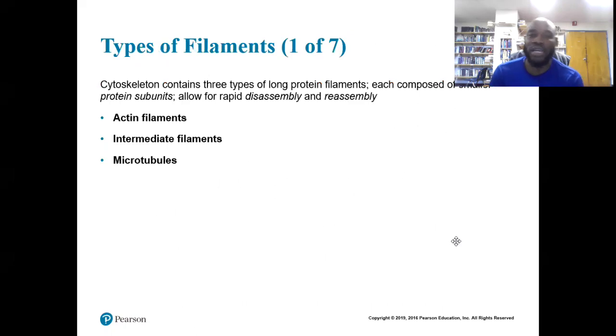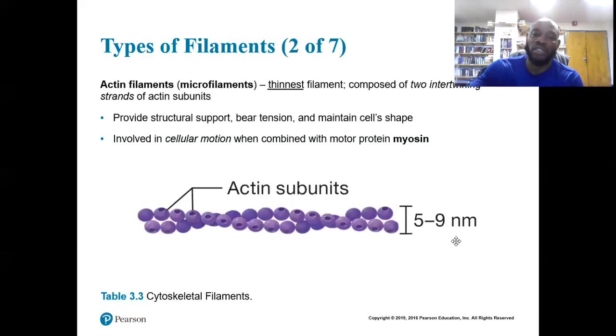There are 3 types of filaments in your cells. You have actin filaments, intermediate filaments, and microtubules. This is like the skeleton of your cell. Actin filaments are the thinnest filaments, composed of 2 intertwining strands of actin subunits. You may have heard of actin and myosin in referring to muscle cells. So actin is a type of microfilament.